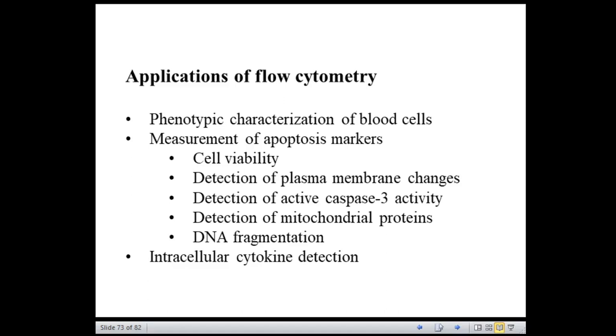So this leads to detecting the culmination of apoptosis by the loss of plasma membrane integrity. Right, so that is the reason why flow cytometry can be used to detect any changes associated with the plasma membrane.